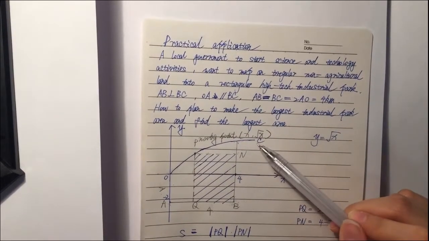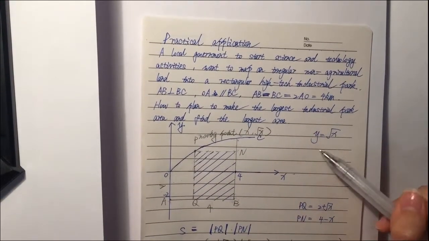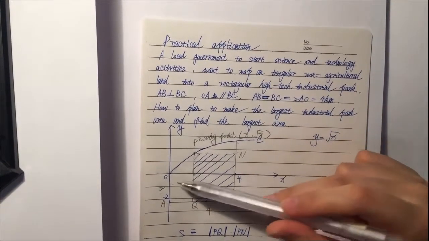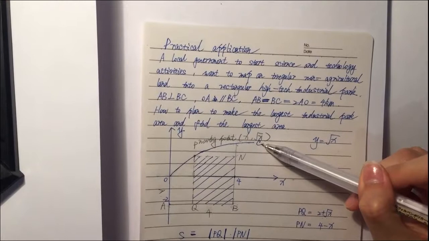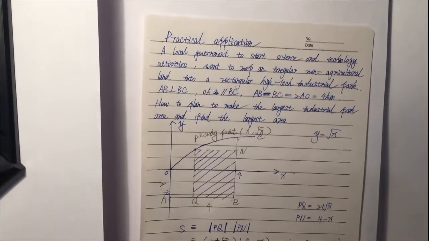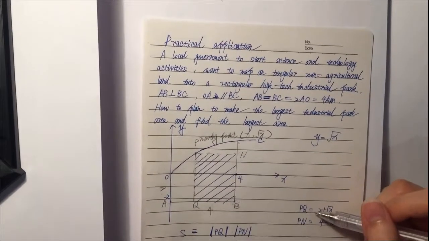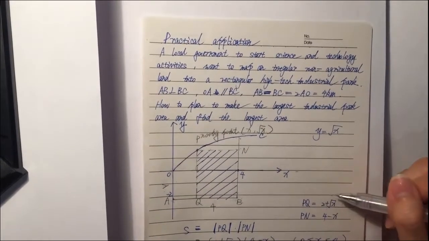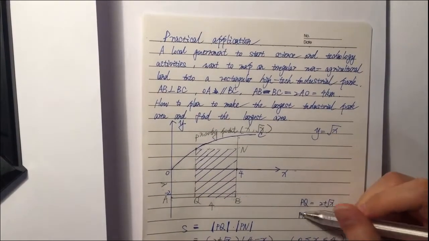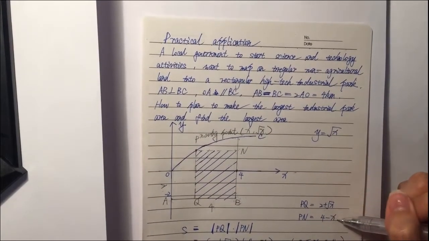OC is a parabola, y equals root x, and P is a moving point on OC, and its coordinate is (x, root x). So we could get that PQ equals 2 plus root x, and PN equals 4 minus x.